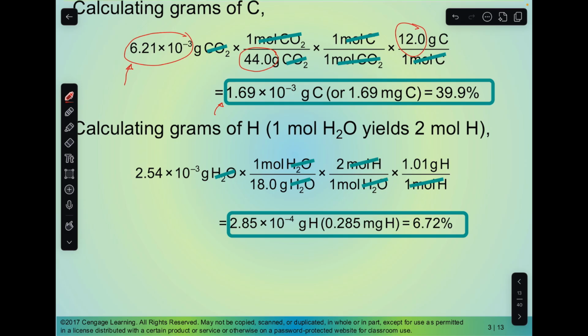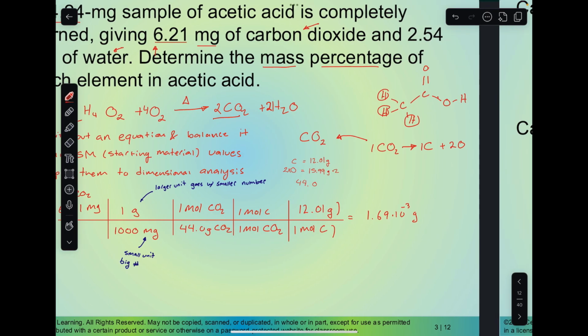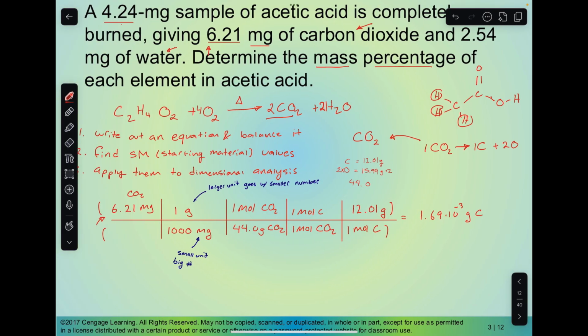All right, and then the next part that we're going to do, you can see that there's a percentage right here, and they don't actually do the calculations for this, which is questionable, but I will show you how. So this is the amount of grams of carbon in acetic acid.